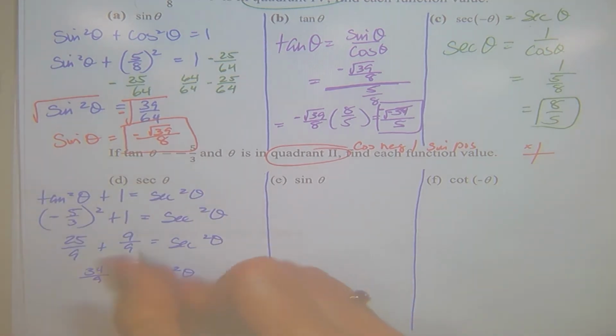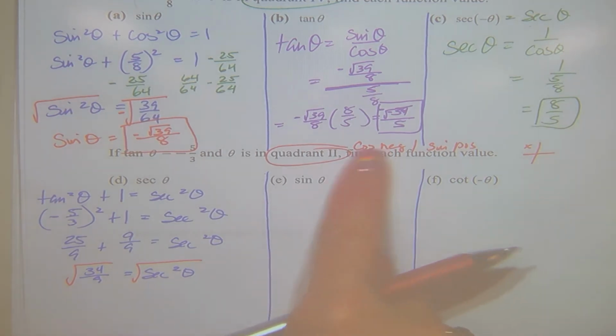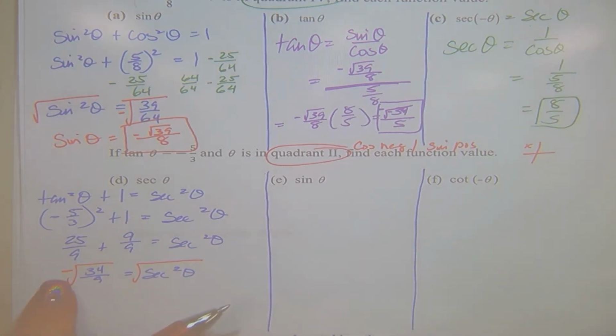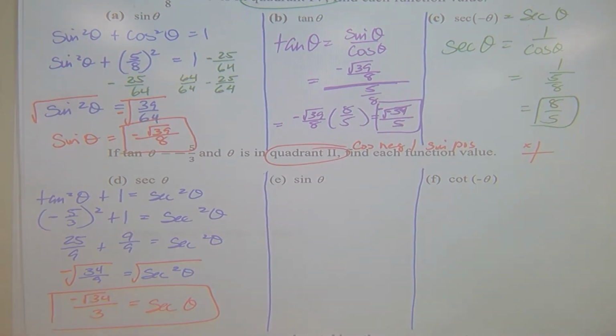Just like last time, I solve for secant by taking the square root of both sides. Secant is the reciprocal of cosine, and we know that we're in quadrant 2, so cosine is negative, so that's the algebraic sign that I need out front here. Negative square root 34 over 3, because the square root of 9 is 3, is secant theta. There's that result.